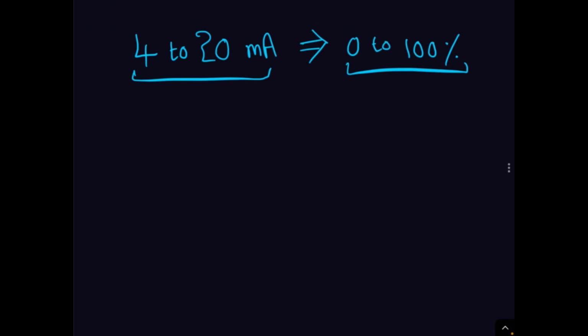If you see our 4 to 20 milliamp, during our loop checking we will use 5-point testing, right? Or in calibration also we will use 5-point calibration, like 0%, 25%, 50%, 75%, 100%. So we will take those 5 points: 4 milliamp, next 8 milliamp, next 12 milliamp, next 16 milliamp and 20 milliamp.